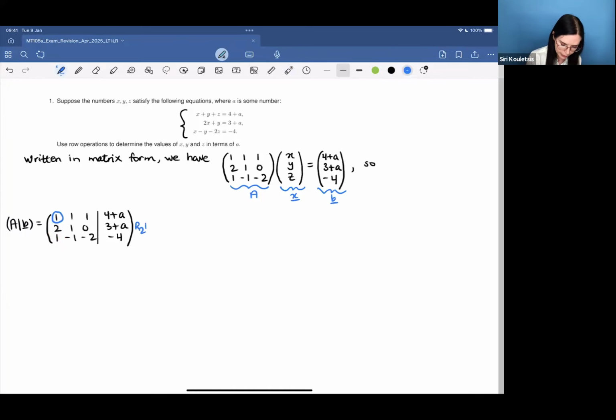Now it is useful to write down your row operations just so that you see the calculations you're doing in case you have to go back. So you see here that if we do row 2 minus 2 times row 1, well, then this 2 here will become a 0. And likewise, row 3, if we deduct row 1 from row 3, then this 1 in the third row will become a 0, which is what we want.